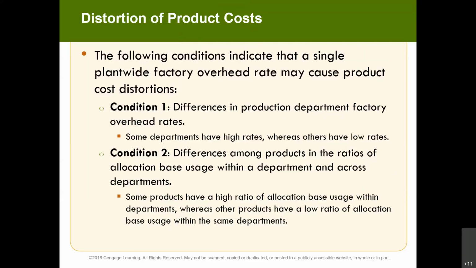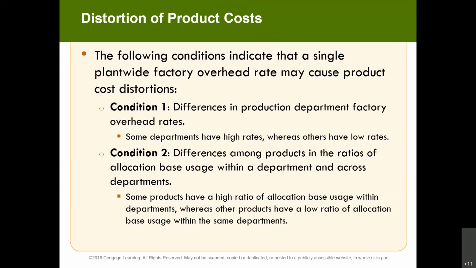And the differences are the distortion of those costs. So again, distortion means differences. So there's going to be differences in product costs depending on the type of allocation you're using for factory overhead.